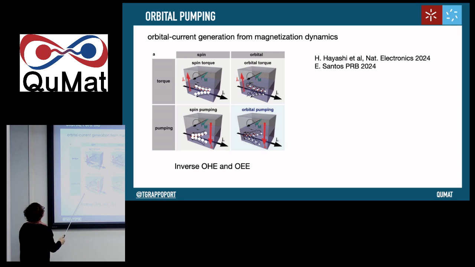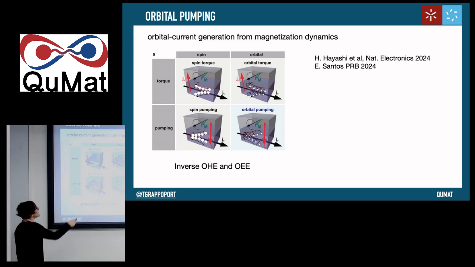It generates a transverse spin current, and this spin current enters the magnetic material and precesses the magnetization. In spin pumping, we have a magnet that's oscillating, for example, through ferromagnetic resonance. It injects a spin current, and because of the inverse spin-Hall effect, it generates a transverse charge current that can be detected. So it's a way to detect the spin pumping.